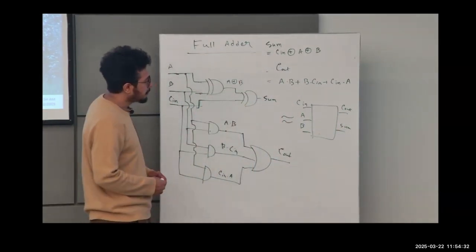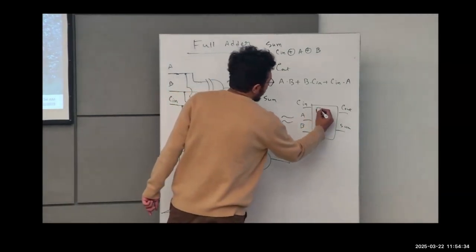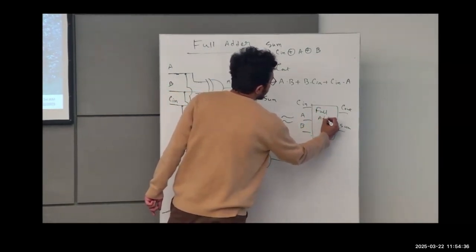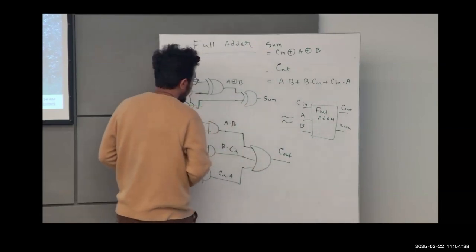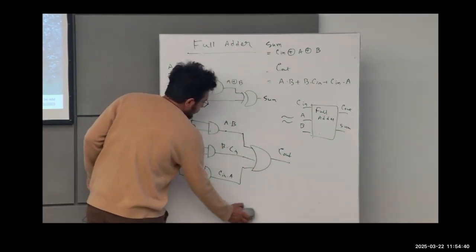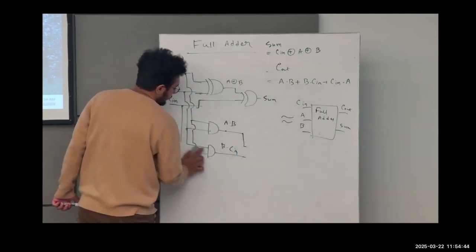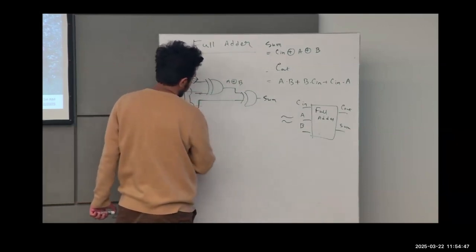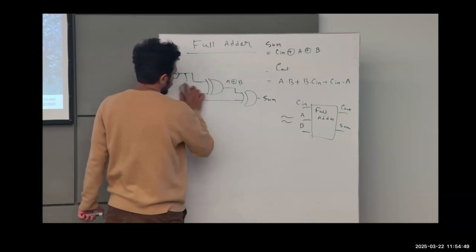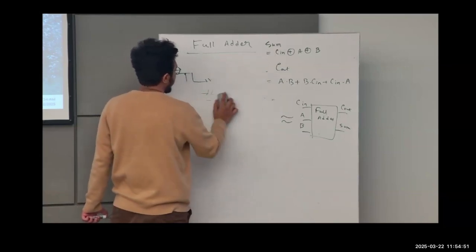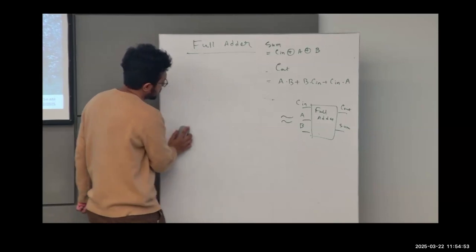So if we have a full adder block like this, how can we actually use this block to build a multi-bit adder?